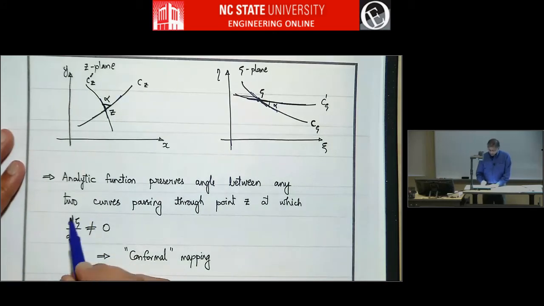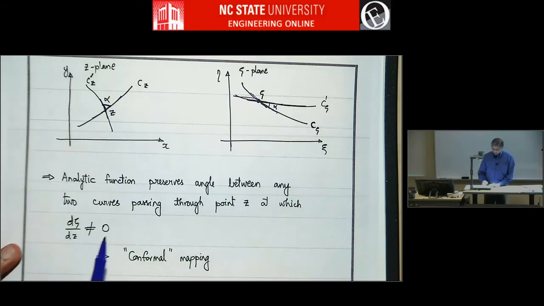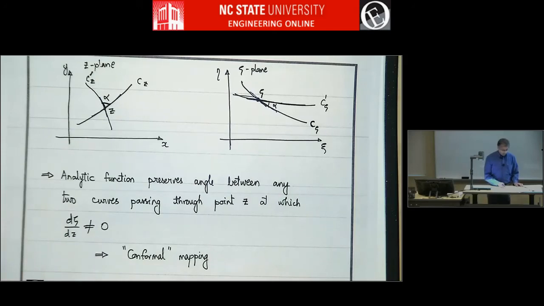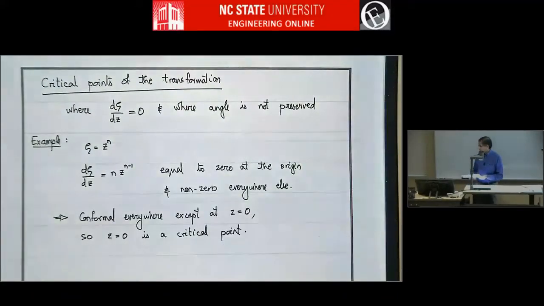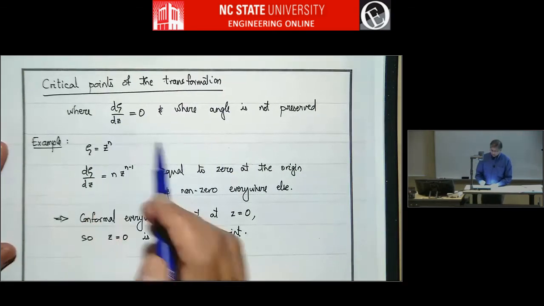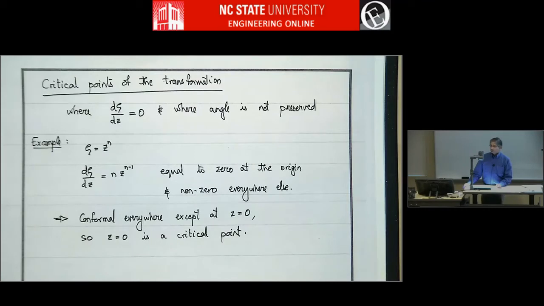Now these points where this condition is not satisfied are called critical points of the transformation. So a critical point of the transformation is where d zeta dz is equal to 0. And so those are the points at which angle is not preserved.